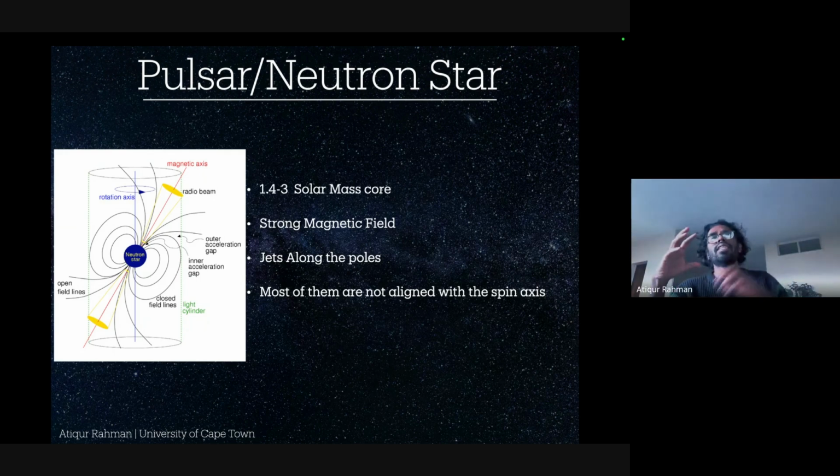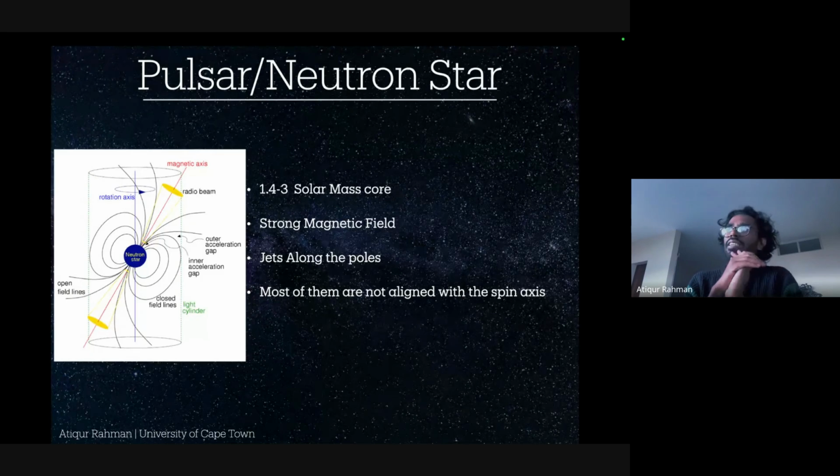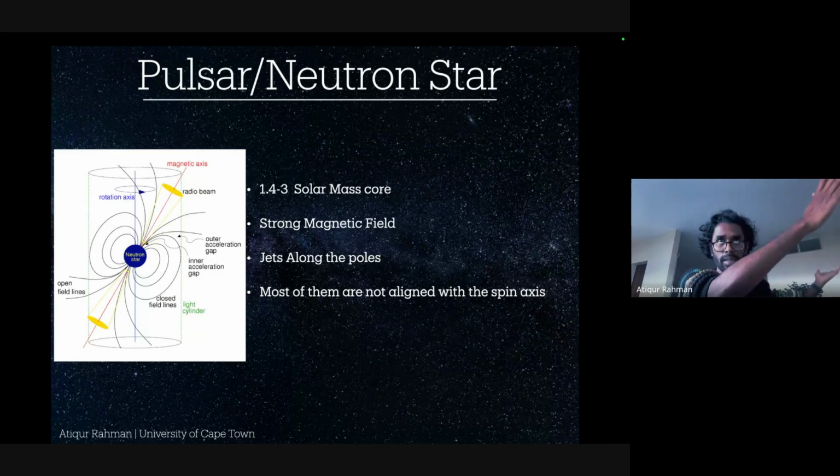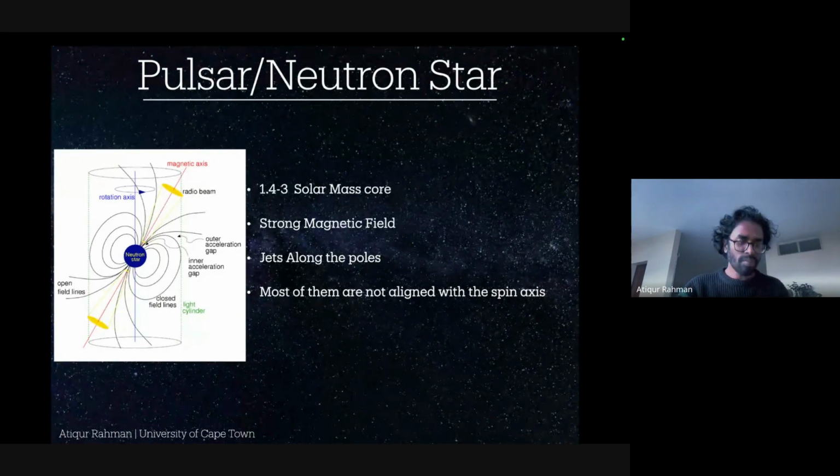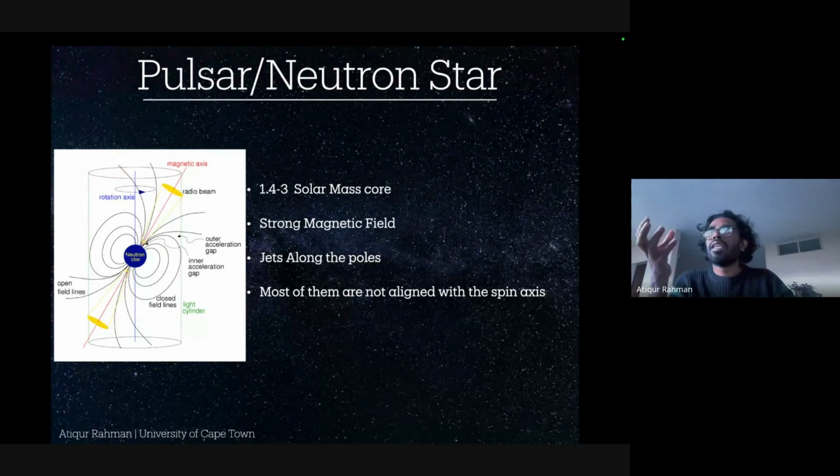So let's say that the solar mass is condensed in a very, very small space. I was trying to figure out how I can give you a comparison of the density. Like here we have a mountain range in Cape Town. We generally compare it like that.